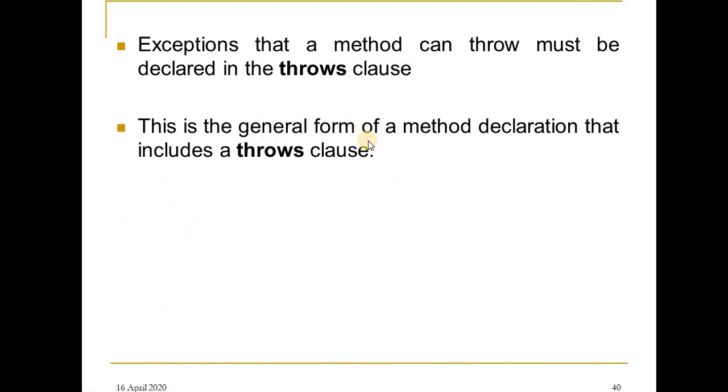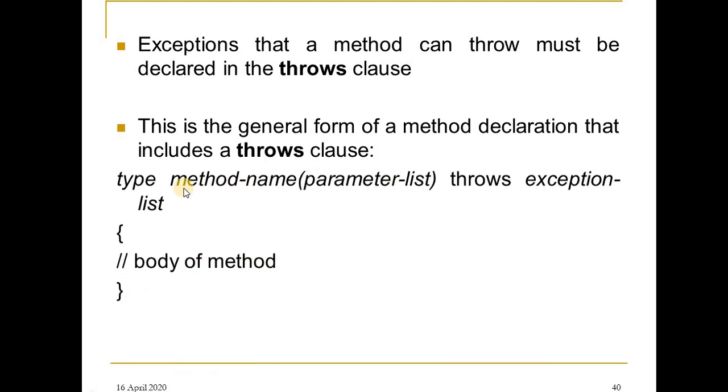This is the general form of a method declaration that includes a throws clause: type, method name, parameter list, the keyword throws, exception list. The exception list is the list of exceptions that this particular method is going to throw.